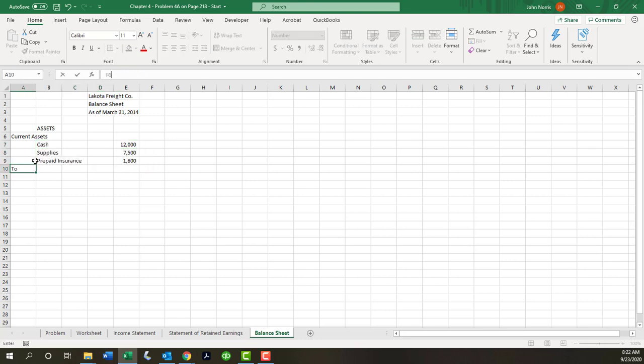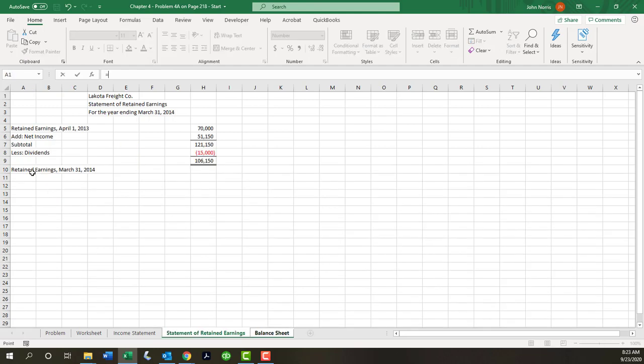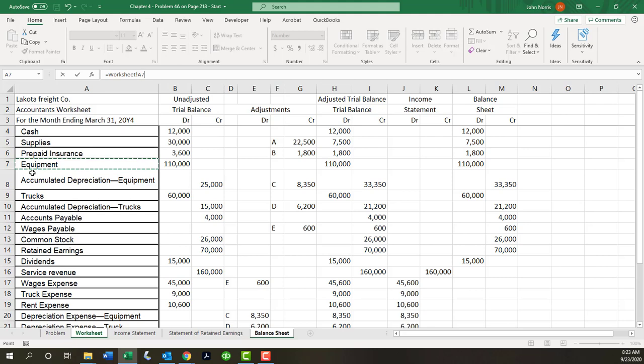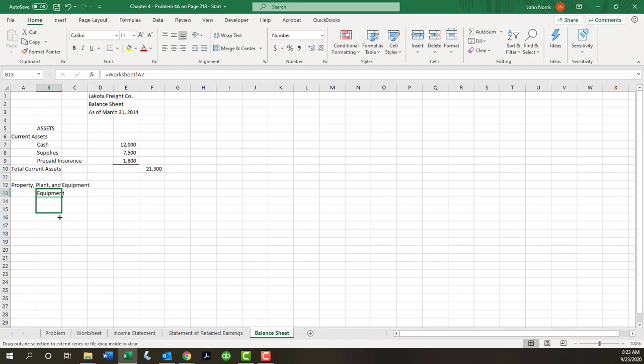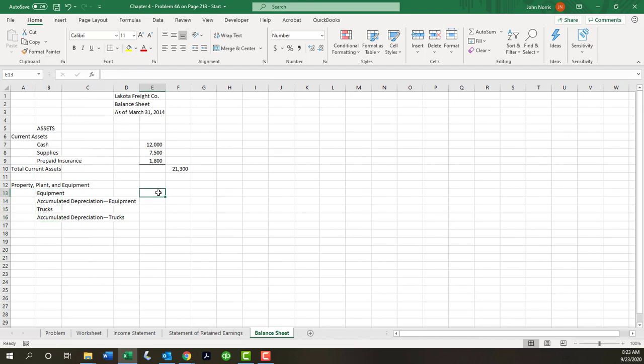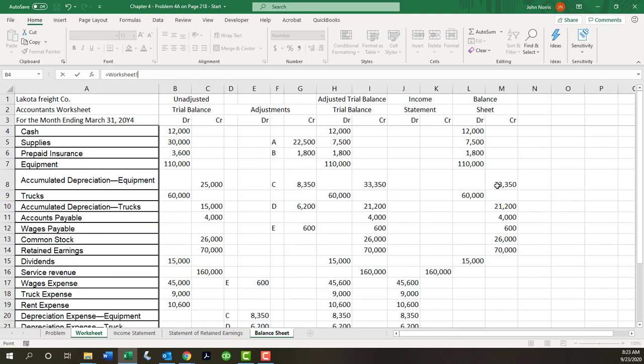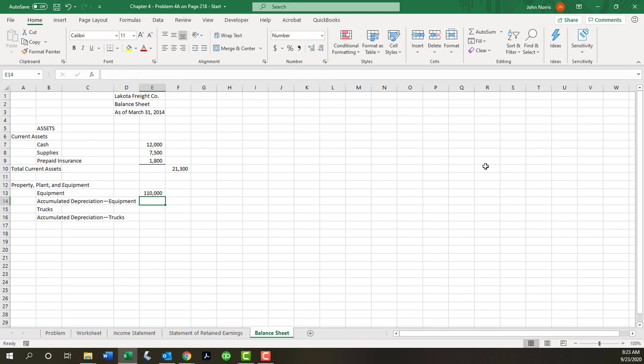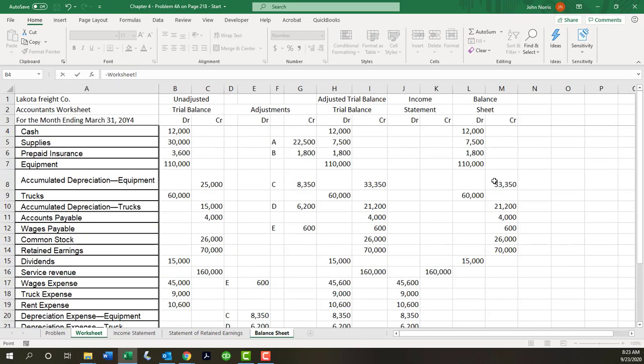Total current assets, and then property, plant, and equipment consists of the equipment, which is 110,000 less the accumulated depreciation on the equipment.